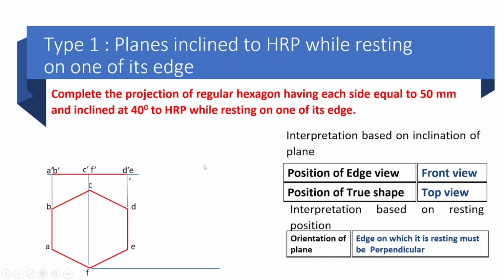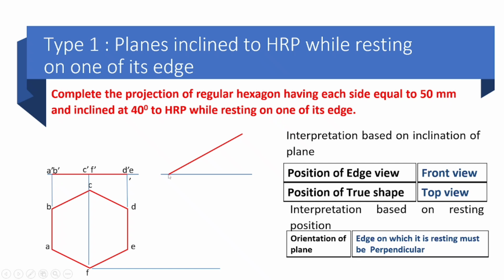So you will find in the second position, we will make this edge view inclined to HRP at an angle of 40 degree as shown. Also note that the length of the edge view is not going to change whether it is parallel or it is inclined. So you can transfer these points on this edge view.